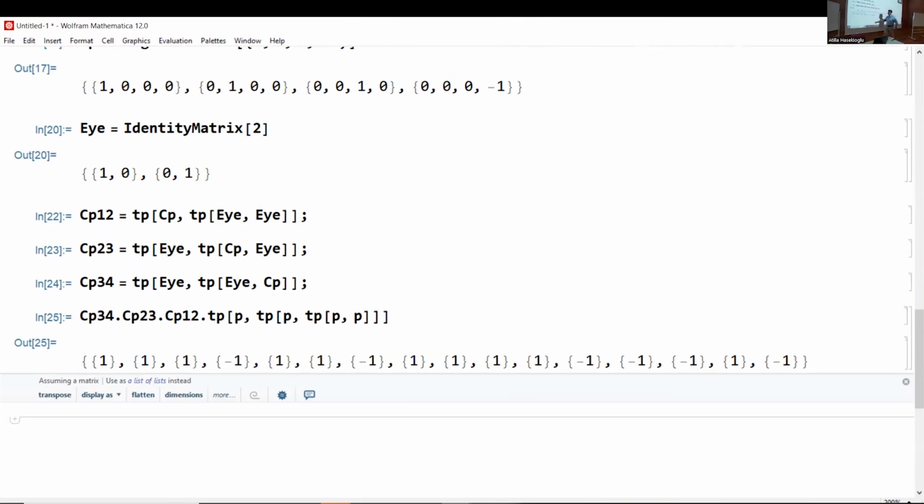This is the coefficient of 0, 0, 0, 0, 0, 0, 0, 1, 0, 0, 1, 0, 0, 0, 1, 1, and so on. So a big column vector.